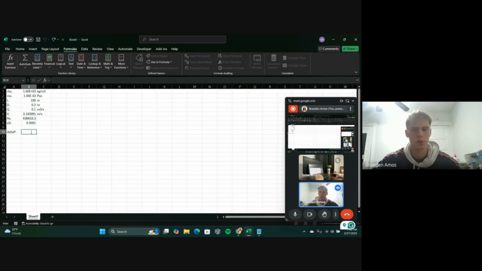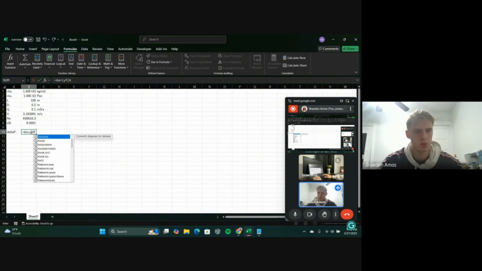So now I can move on to the Darcy equation. So equals Darcy F, that's going to be the Reynolds number, comma, ED. That's our friction factor. So then we multiply that by L over D. We multiply that by rho.